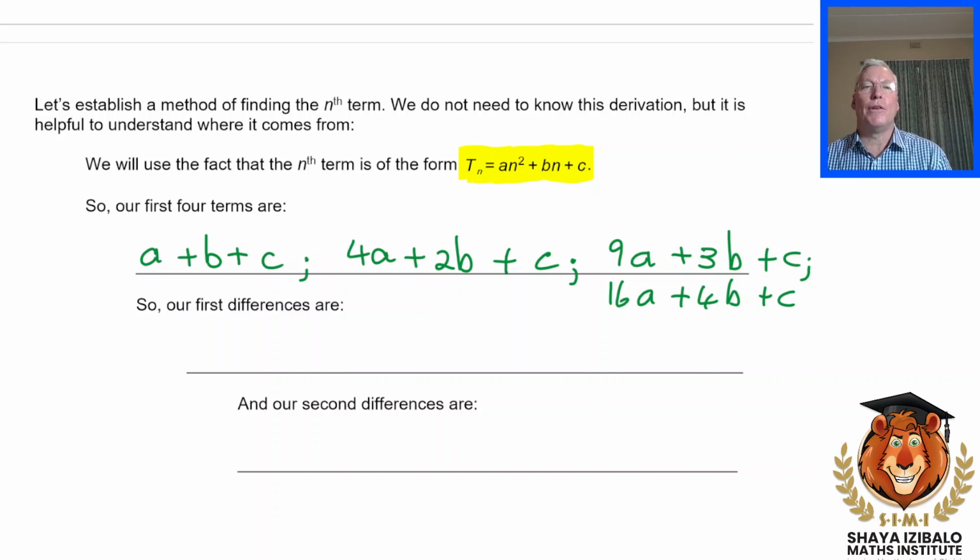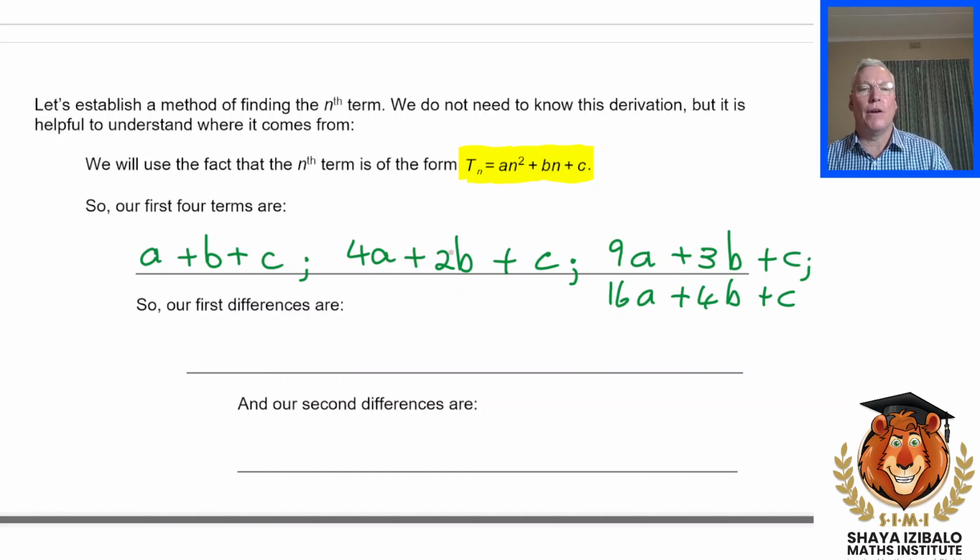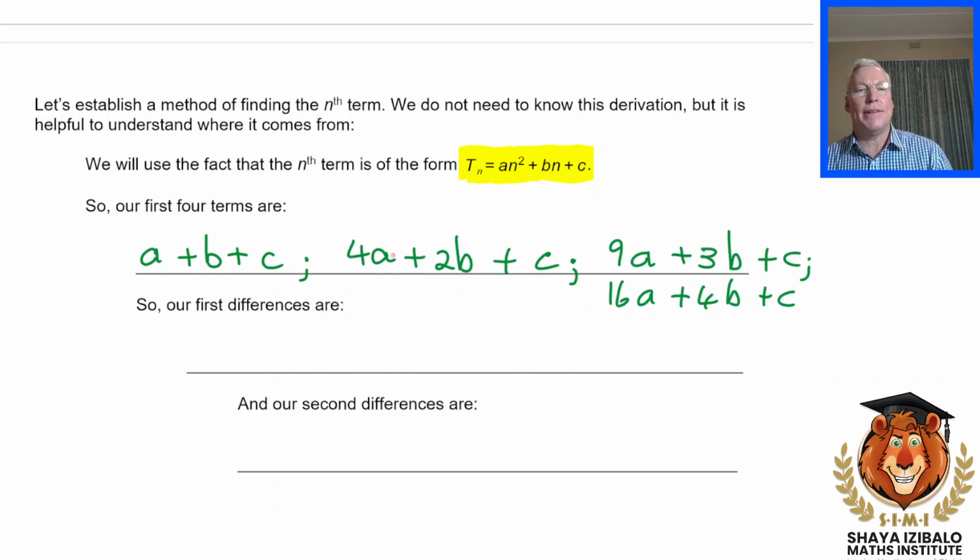Now if we look at our first differences, the first differences are that minus that. Now what you'll notice is that the c's subtract and cancel out. We get 3a, when we go that minus that, we get 3a plus b. That's the first term of the first differences. The second term of the first differences is going to be this term minus this term. What will we get?